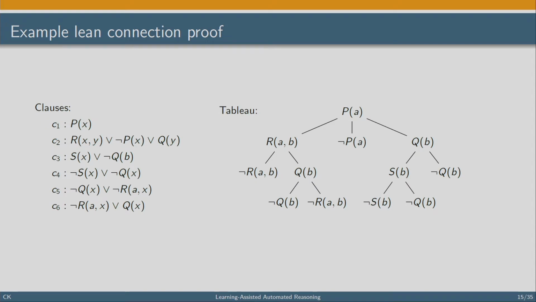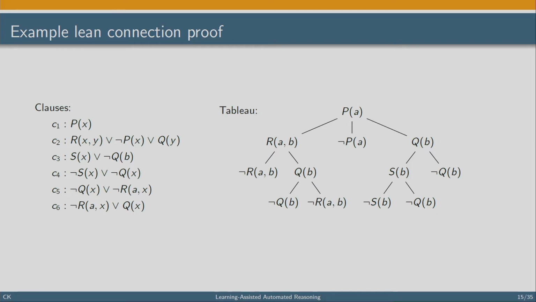Let's see an example, and we'll do a larger example in the exercise session. Here we have a system of 6 clauses. And we'll try to show that this system is unsatisfiable.